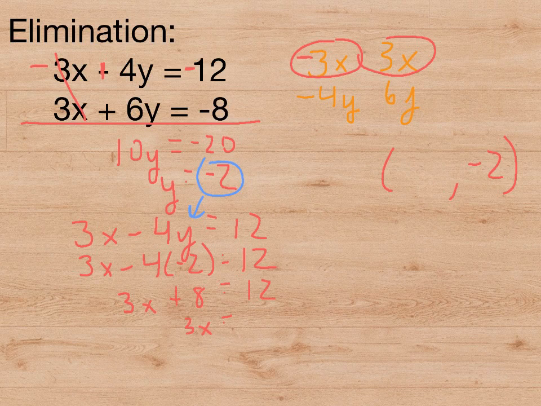Subtract the 8 over. And in this case, x is going to give me 4 over 3. So my solution is 4/3, negative 2. Again, if we'd graphed this, this wouldn't have been a good graph because we end up with a fractional value.